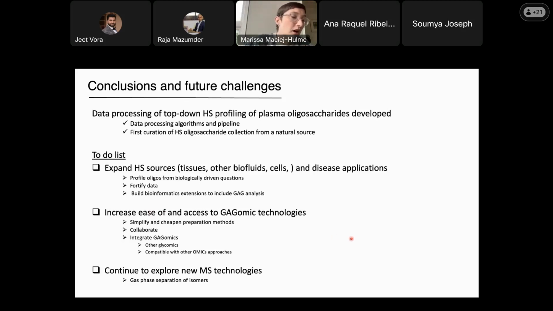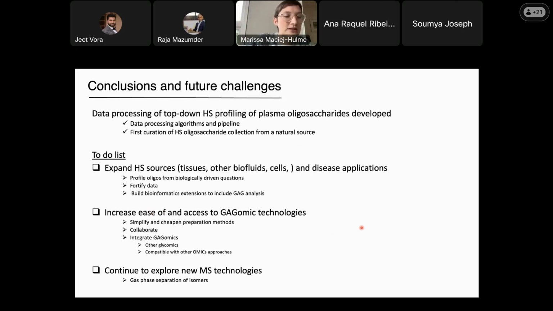Another thing that I think is really important to take forward is this access to GAGomic technologies. There are some lovely methods about, but the uptake is somewhat slower than other glycomic methods, probably because people are shy about how complicated GAGs seem.